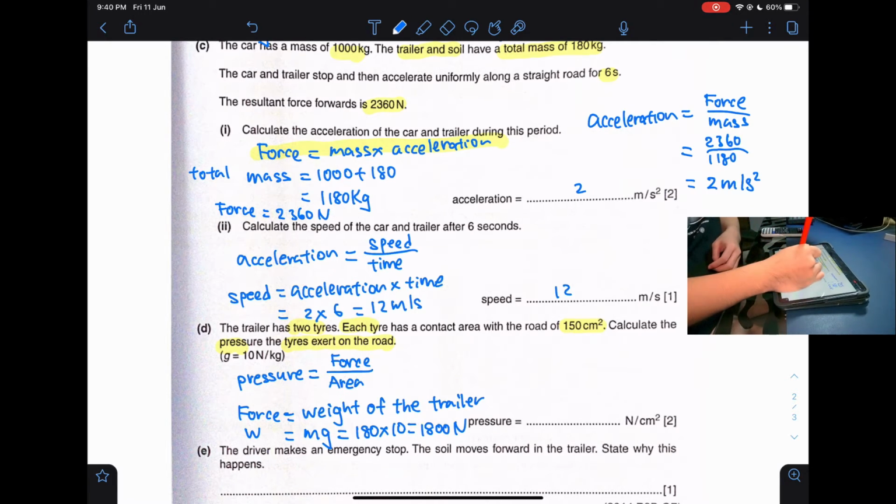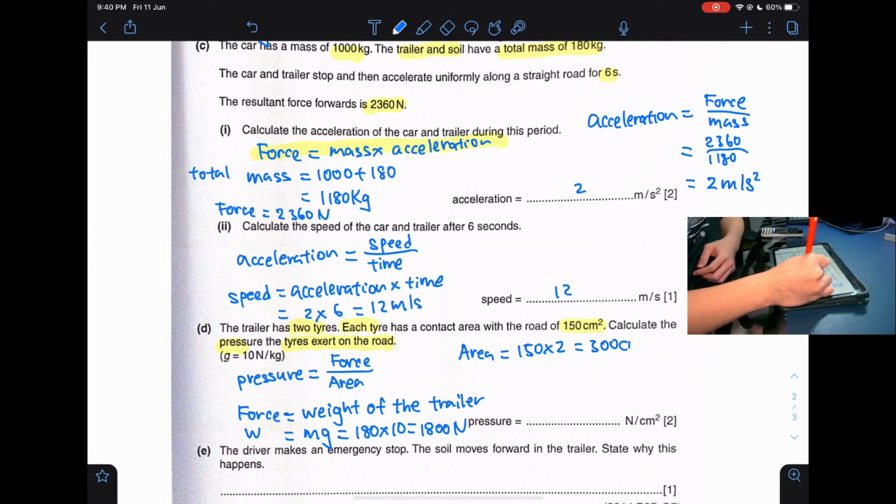Our area will be 150 cm squared times 2, because we are given in the question that the trailer has 2 tires, which will give us 300 centimeters squared.